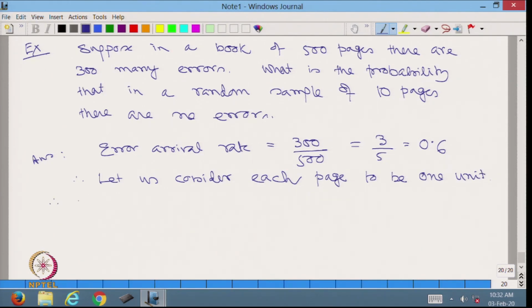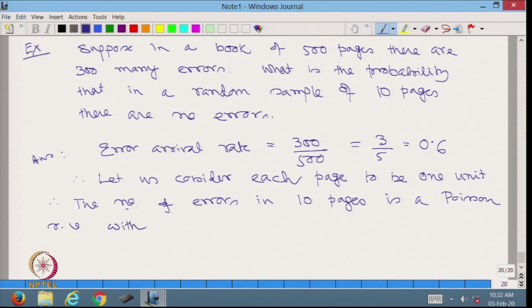Therefore, the number of errors in 10 pages is a Poisson random variable with parameter lambda t equal to 6.